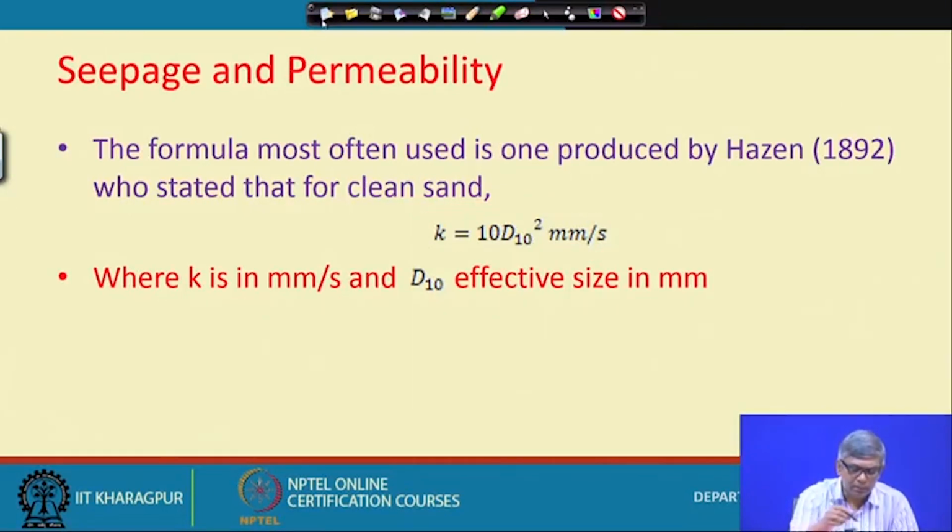Now, this is applicable only for a particular soil, but different types of soils are there.